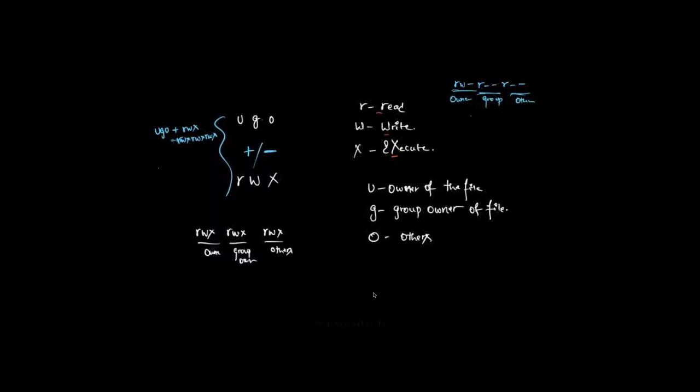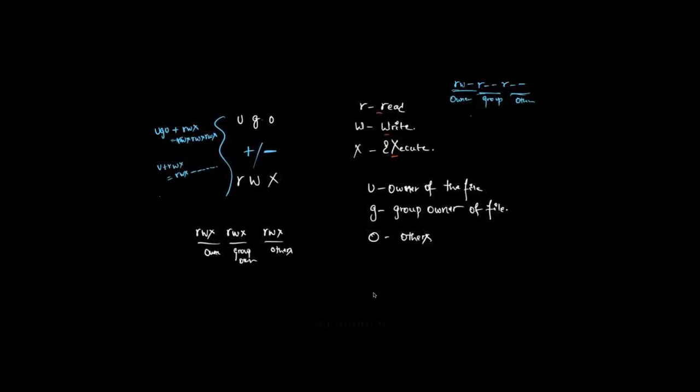Then you can give u plus r, g plus w, and so on. So this is nothing but rwx. Whatever permission is there, it can also be there.